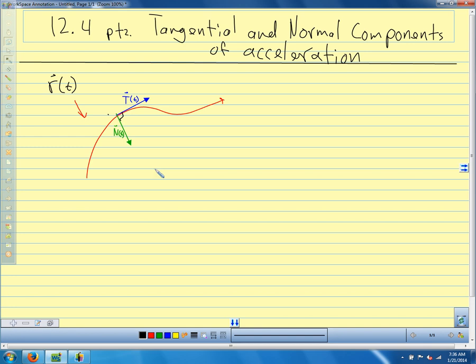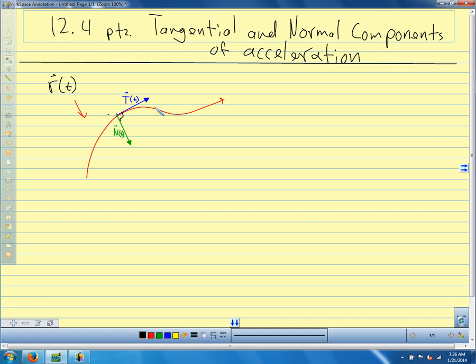So a tangential component of acceleration, what would that be doing to whatever our object, our particle, is that's moving along this curve? What would tangential acceleration be? So acceleration in the direction of our unit tangent vector. Speed it up or slow it down. So our tangential component of acceleration is speeding up and slowing down.